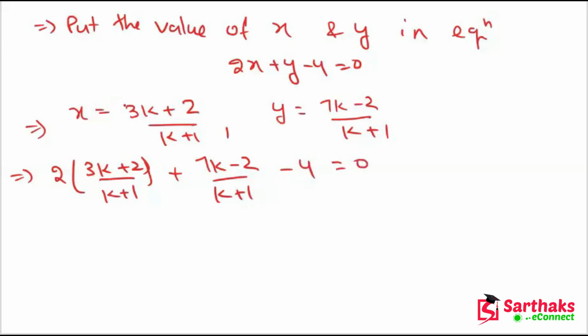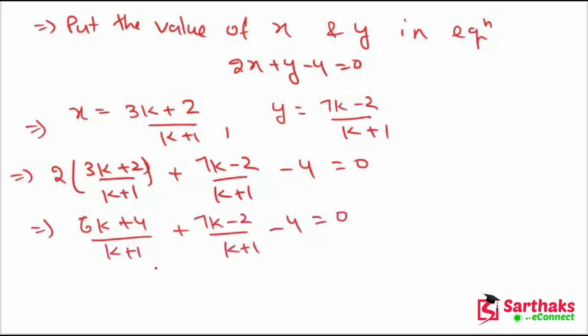Now after solving, this will become 6k plus 4 upon k plus 1 plus 7k minus 2 upon k plus 1 minus 4 is equal to 0.